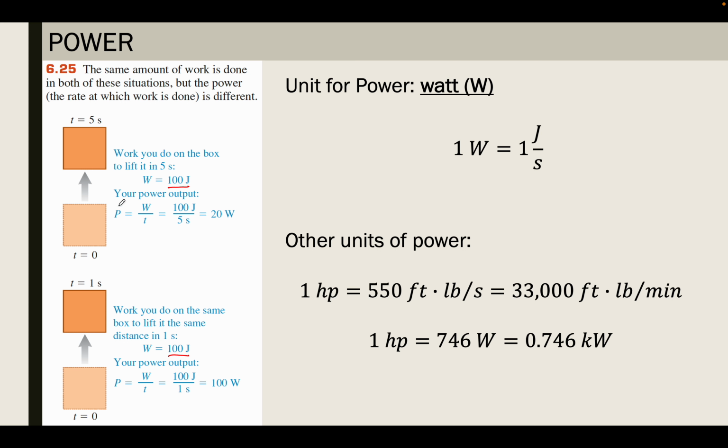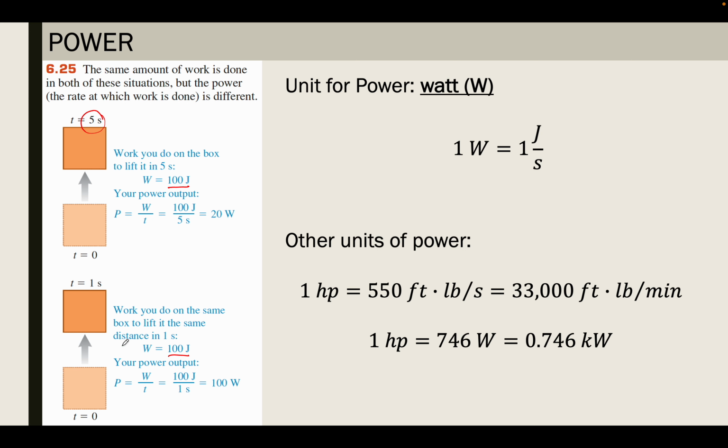In the first one, from t equals 0 to t equals 5 seconds, the power output P is equal to work divided by time, so 100 joules divided by 5 seconds is equal to 20 watts.